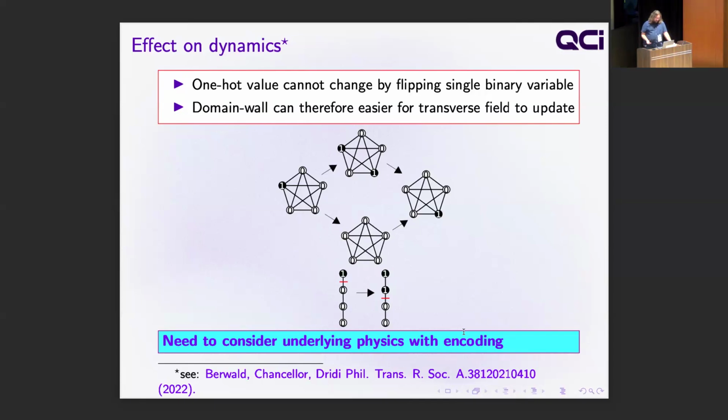But beyond that, if you think of doing a transverse field update, if you have a spin chain and you're moving a domain wall, you're moving a point where it goes from 0 to 1 down the chain, that can be accomplished by a single spin flip. Whereas if you're doing 1 hot encoding, you have to enter an invalid state if you're doing single spin flips and then go back out. It has to be done perturbatively.